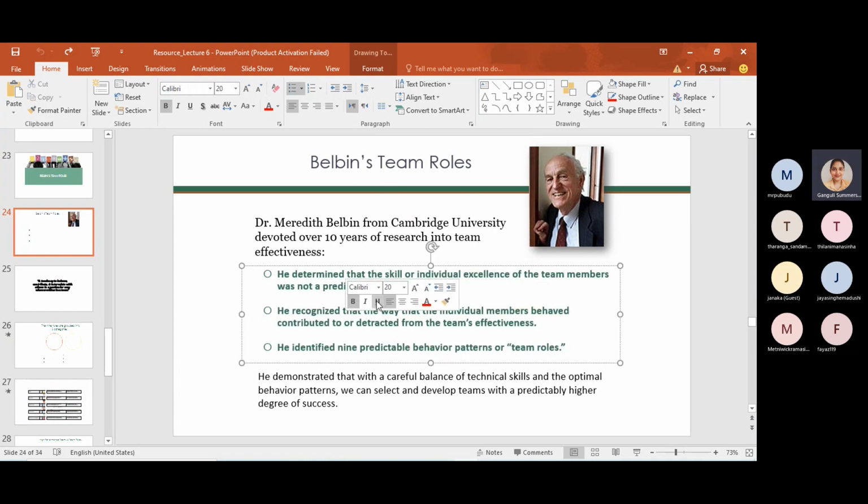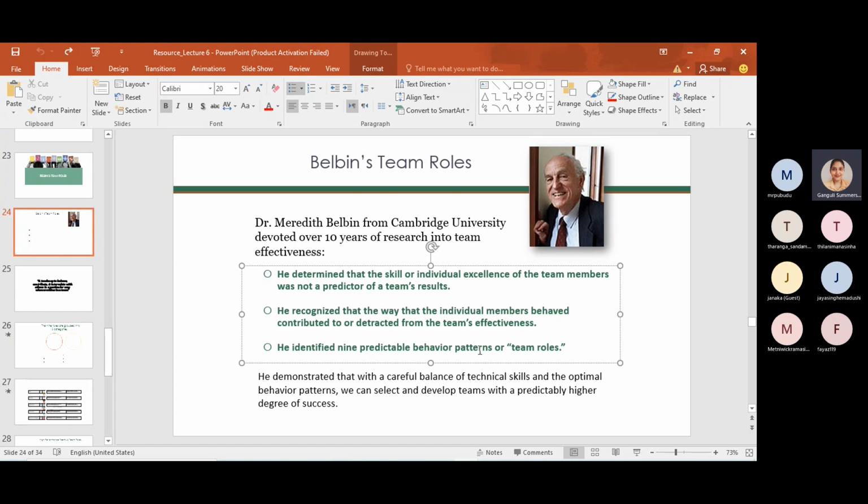And he recognized that the way the individual members behaved contributed to or detracted from the team's effectiveness. So he identified 9 predictable behavior patterns, or team roles.